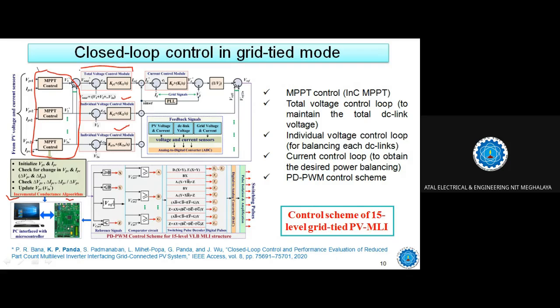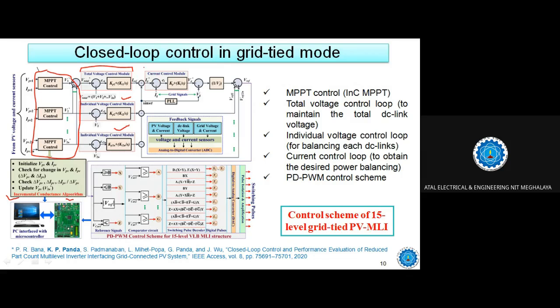Why has this been connected? Because only maintaining the individual voltage across each DC link is not sufficient, because you cannot operate a system like that. The total DC link voltage also has to be maintained for feeding constant, or continuous, power to the grid.